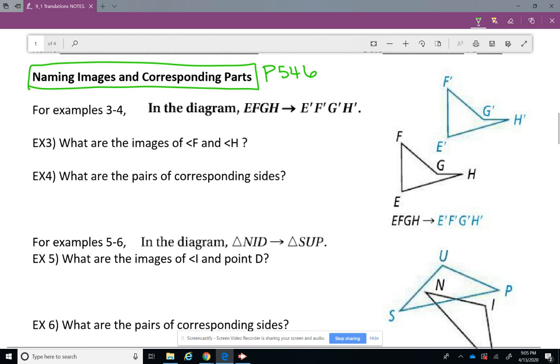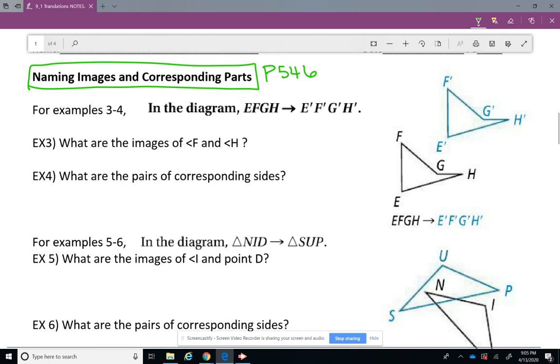For examples 3 and 4, in the diagram, EFGH maps onto E prime, F prime, G prime, H prime. So we're not having to figure out if a rigid motion was used. They're telling us that EFGH is mapped onto E prime, F prime, G prime, H prime. So if you put them right on top of each other, their shape and their size didn't change.